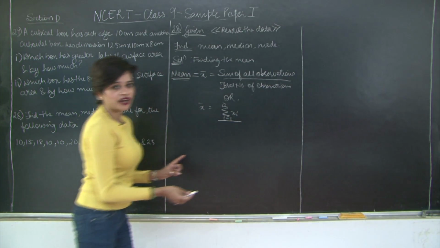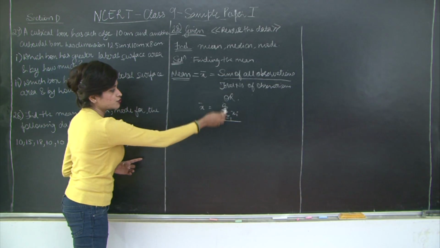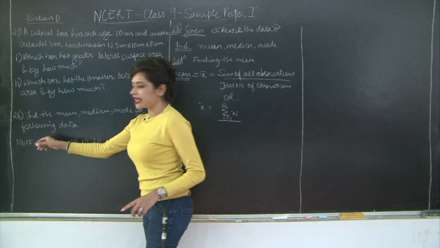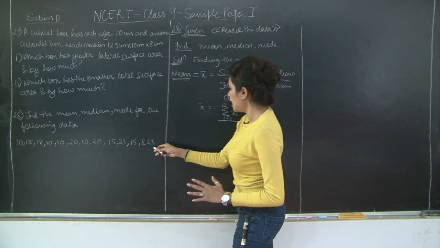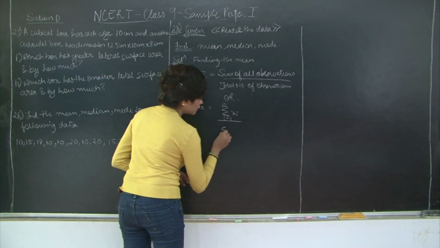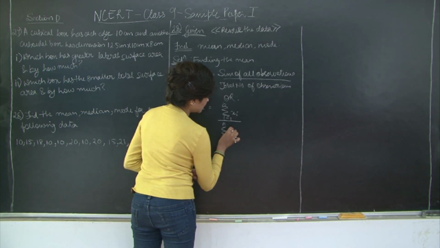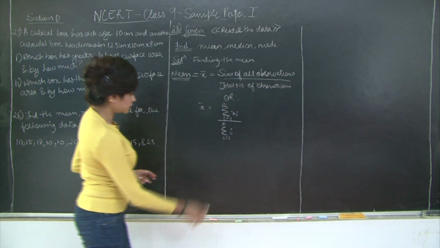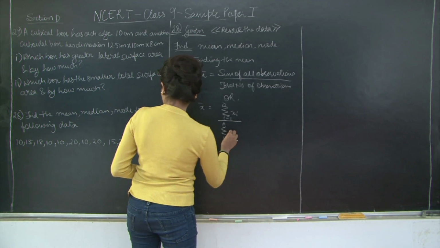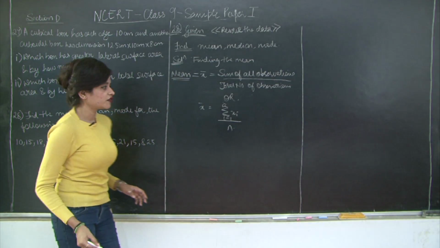So xi is nothing but the values of x, the variable that you take into account from 1 to 12. So x1 is going to be 10, x2 is going to be 15, x3 is going to be 18 and so on until x12 is going to be 25, upon n. That is the total number of observations that you have, right?